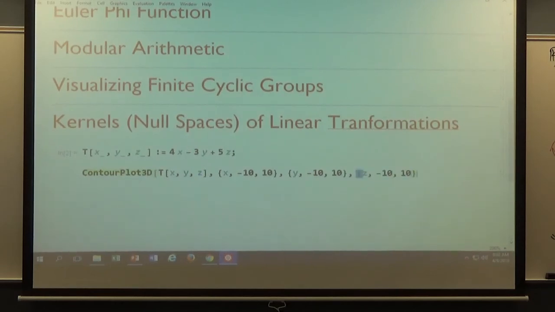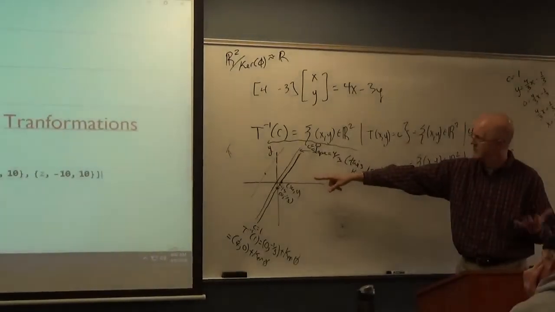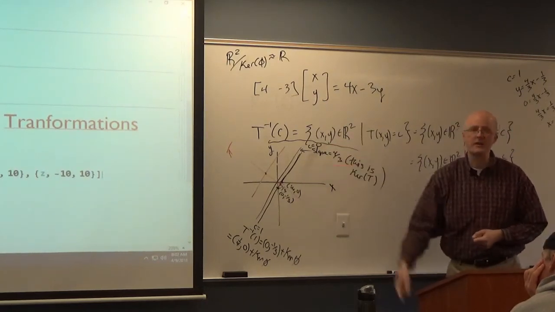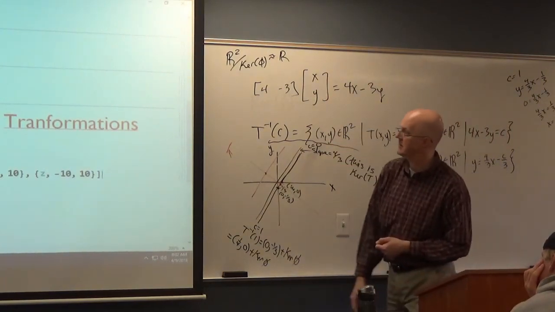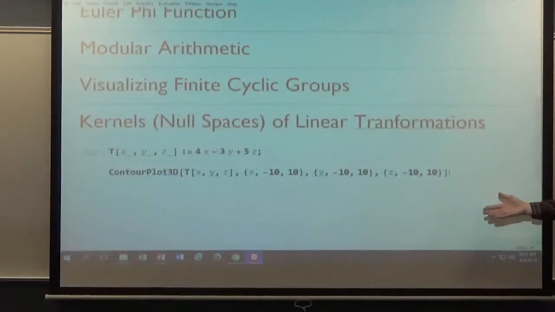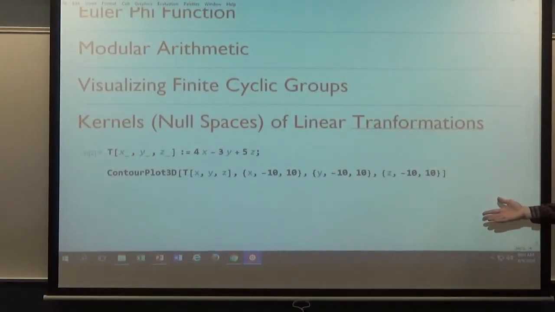What does this show? Well, just as these things were level curves, which are straight lines of this function, in 3 dimensions, for a function of 3 variables like this, you're going to get level surfaces, which will be planes that are all parallel instead of lines that are all parallel.